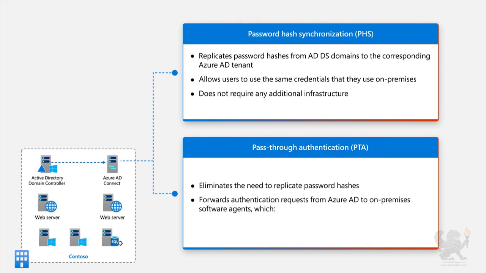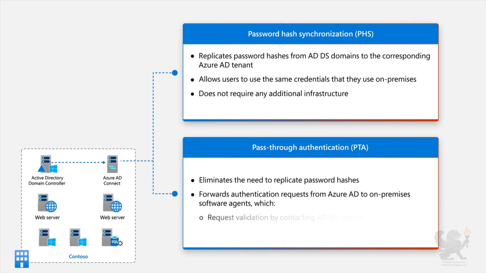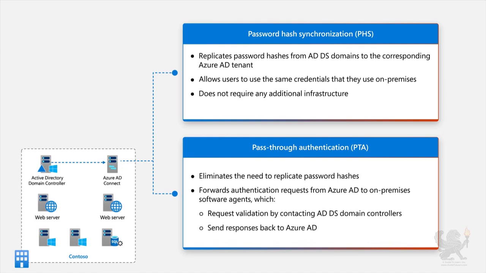authentication requests from Azure AD to on-premises software agents with direct connectivity to AD/DS domain controllers. The on-premises agents request validation by contacting AD/DS domain controllers and, once the validation is completed, send responses back to Azure AD.